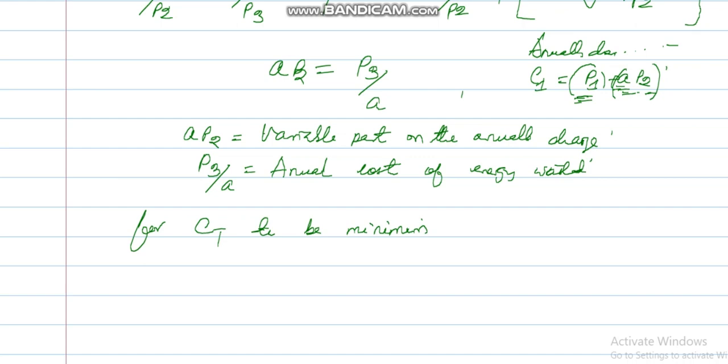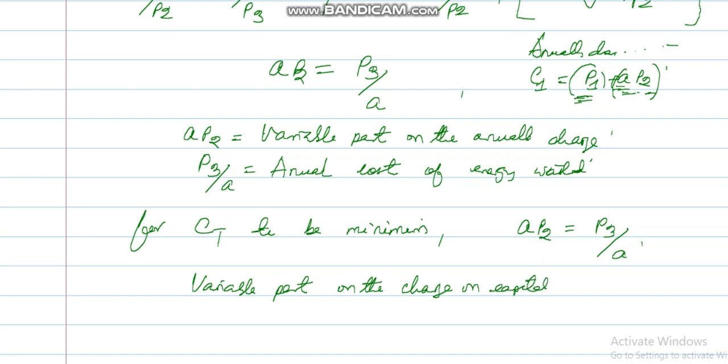For the C total to be minimum, kwamba A P2 should be equal to P3 over A. Kwa maana ya kwamba the variable part on the annual charge on capital outlay should be equal to what? Annual cost of the energy wasted. Sawa, yake namna hii. Sawa.